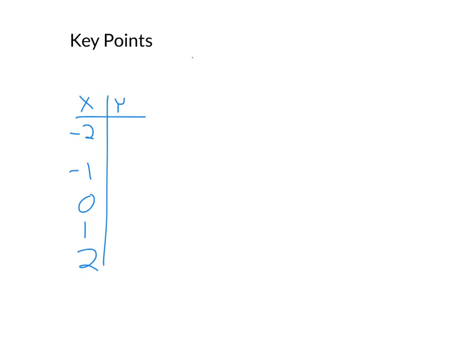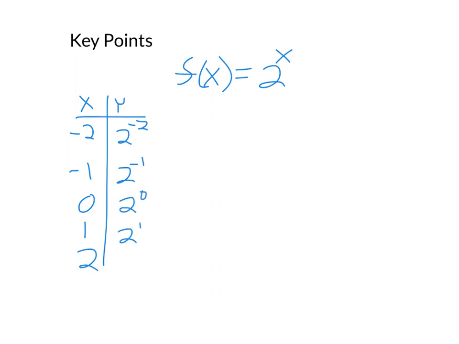So let's say we have f at x being equal to 2 raised to the exponent x. If that's the case, then you're going to see 2 raised to the exponent of -2, 2 raised to the exponent of -1, 2 raised to the exponent of 0, 2 raised to the exponent of 1, and 2 raised to the exponent of 2.